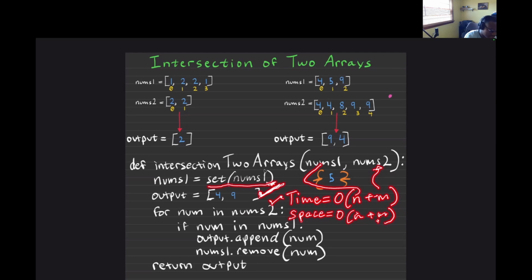Because imagine if nums1 looks something like this, 1, 2, 3, and nums2 also looked like this, 1, 2, 3. The output would also be 1, 2, 3, right? Because they all intersect. So the time is big O of n plus m, and the space is big O of n plus m.